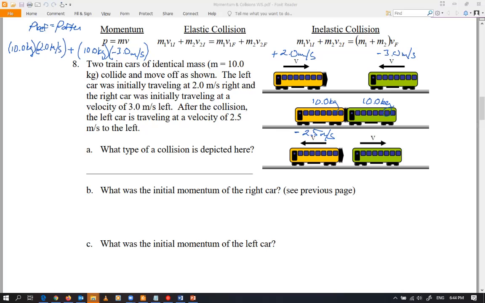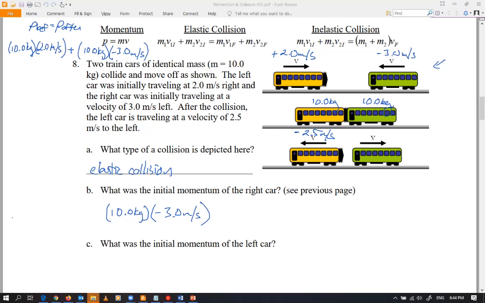So first of all, what type of collision is it? Because they separate, this is going to be an elastic collision. And what was the initial momentum of the right car? The right car is going to be m, 10.0 kilograms, times velocity, minus 3.0 meters per second.